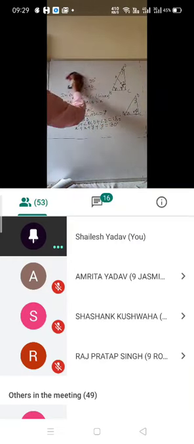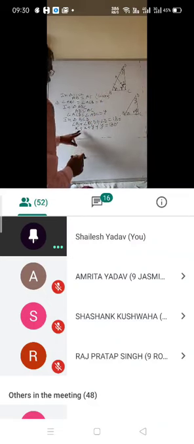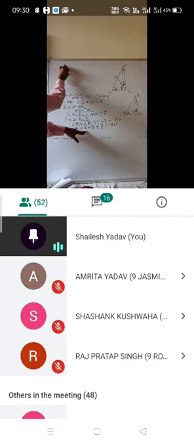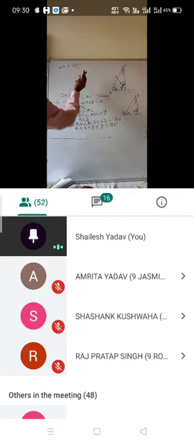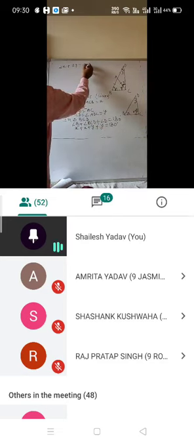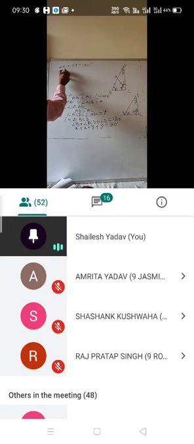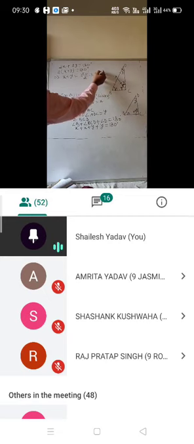So x plus x is 2x, y plus y is 2y, equal to 180 degrees. Taking 2 as common, 2(x plus y) equals 180 degrees. Transferring 2 to the right side, x plus y equals 180 degrees upon 2, that is 90 degrees.